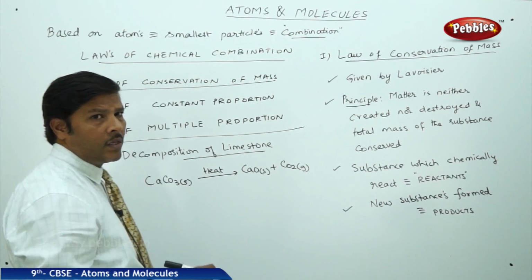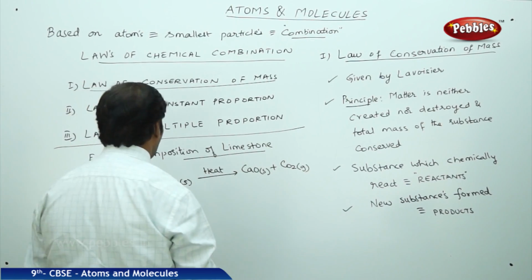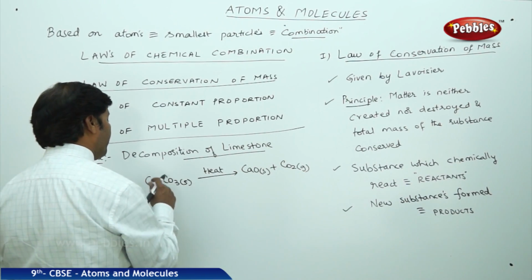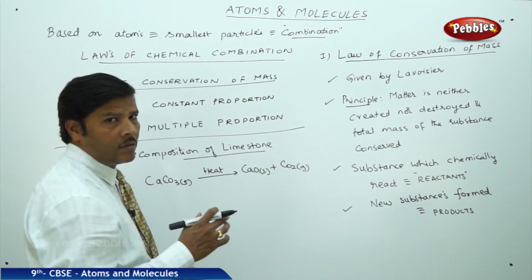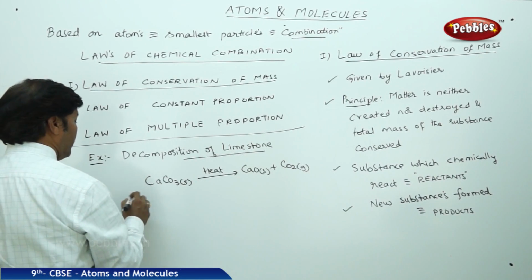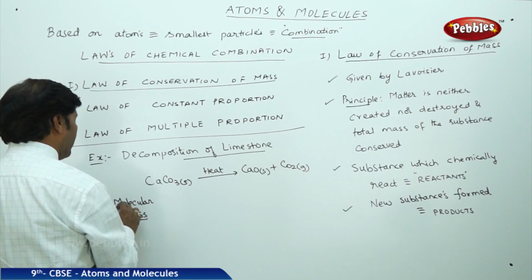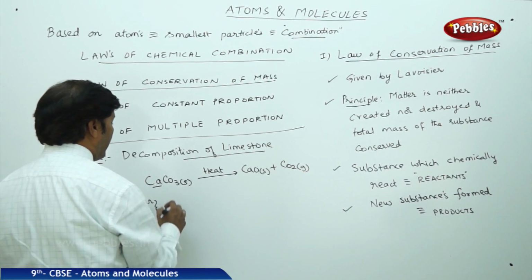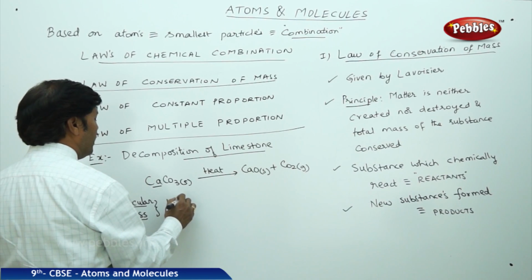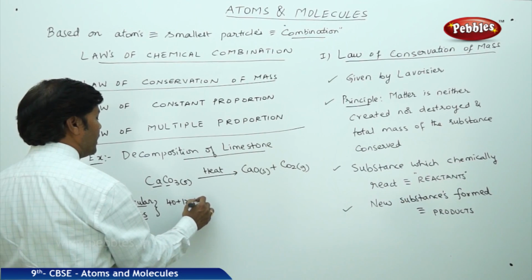So you calculate the total mass of calcium carbonate. The molecular mass of calcium carbonate: atomic weight of calcium is 40, carbon is 12, and there are 3 oxygens, 16 times 3 is 48.